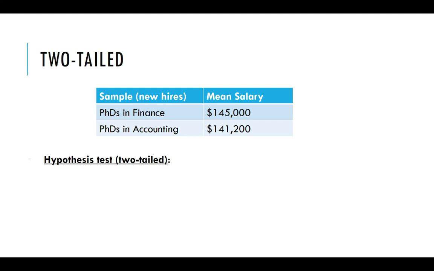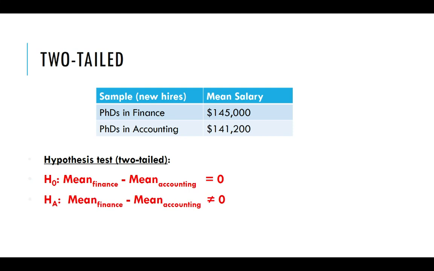So let's write out our hypothesis test for a two-tailed test. Well, it turns out that the hypothesis test is a lot simpler when it's a non-directional test or two-tailed test. My null hypothesis is simply that the means are equal. And my alternate hypothesis is that the means are not equal, right?